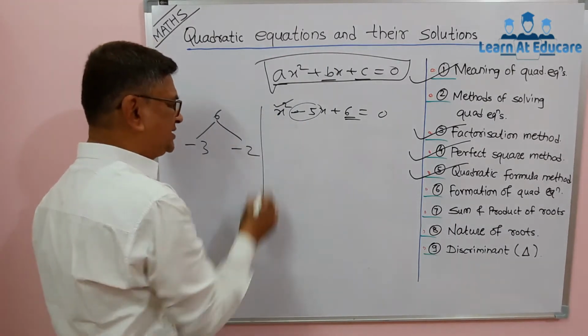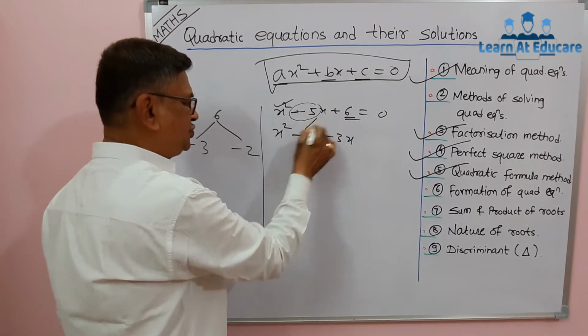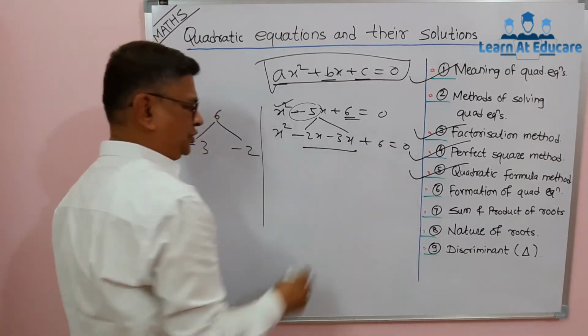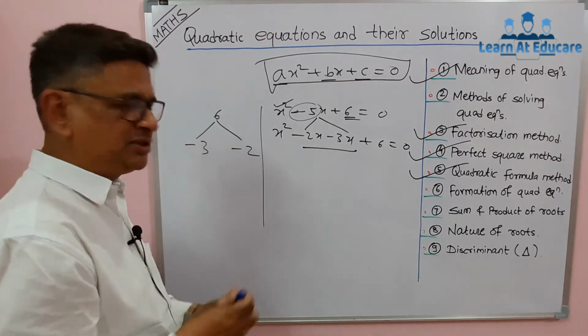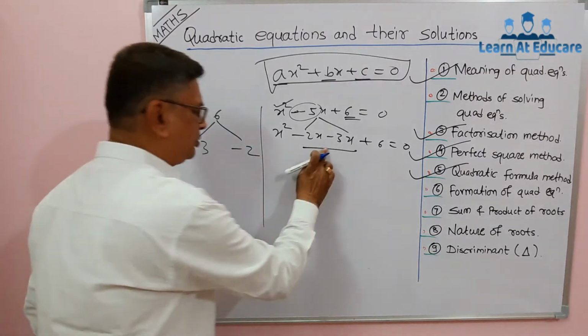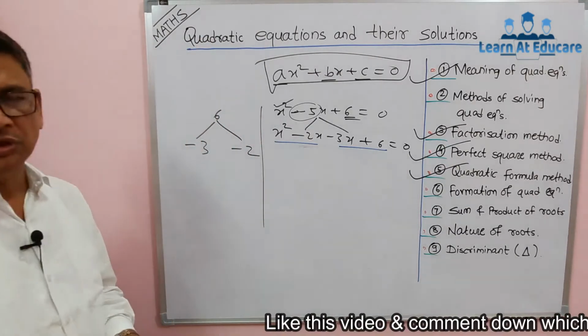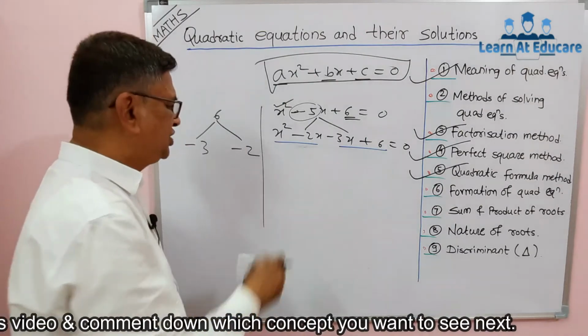Then it can be adjusted like this: x², this −5x is written as −2x and −3x, split up like this, and then +6 = 0. Then it is necessary to take common factors from the first two terms and the last two terms. In x² and −2x, there is a common x.